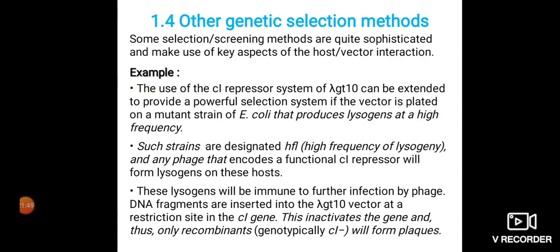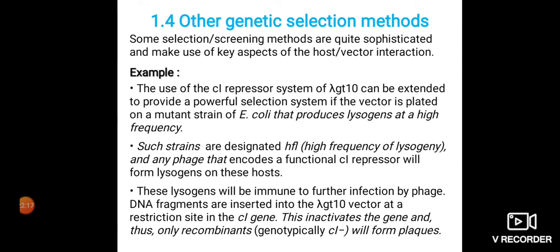I'm going a little faster because this is a very big chapter, and I want to touch upon as many concepts as possible. Another kind of genetic method we come across is screening and selection by using some sophisticated components, such as in the case of lambda gt10.